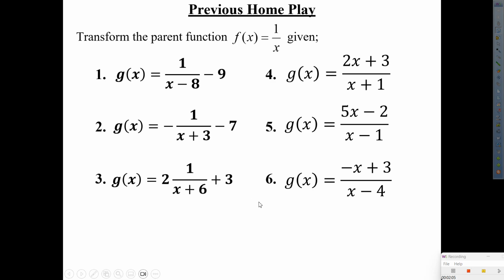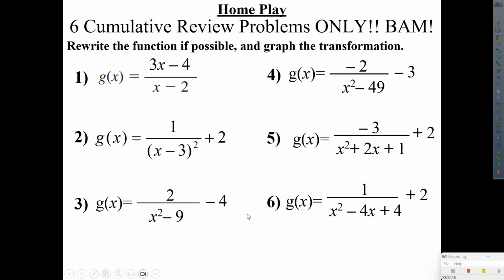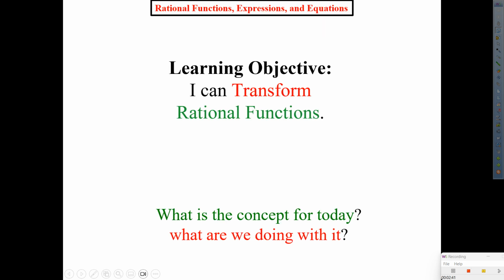Tonight's home play, look how it looks. Ooh, look at that. And we have quadratics in the house. Let's go. All right, after you turn in your stuff, get a Cornell note ready, please. I'll give you guys some time.